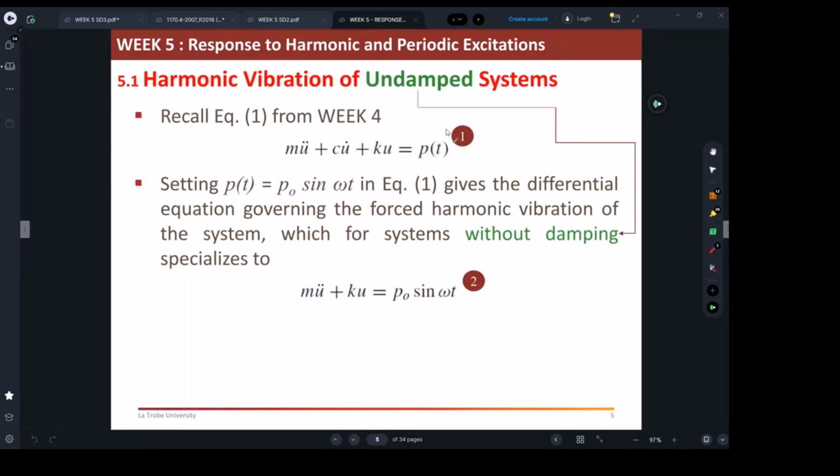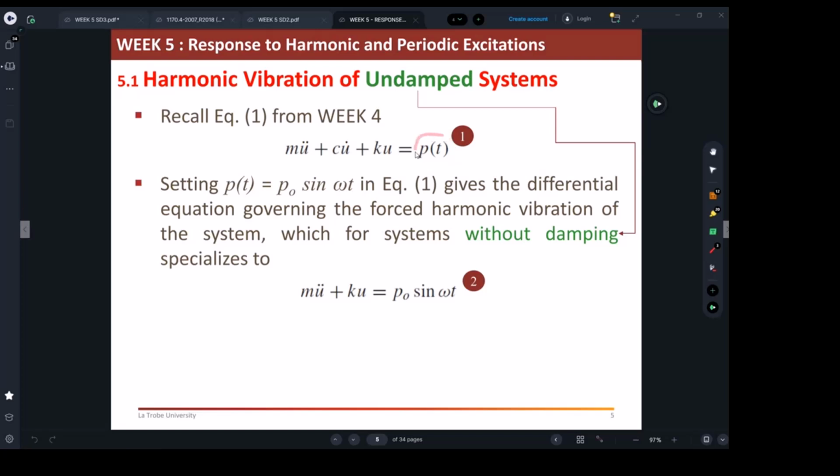Let's keep going. Going back to the equation of motion from week 4. This is the generic equation of motion. And that's right, we got mass by accelerations, velocity by damping, and stiffness by displacement. And this is the forcing function if it exists.